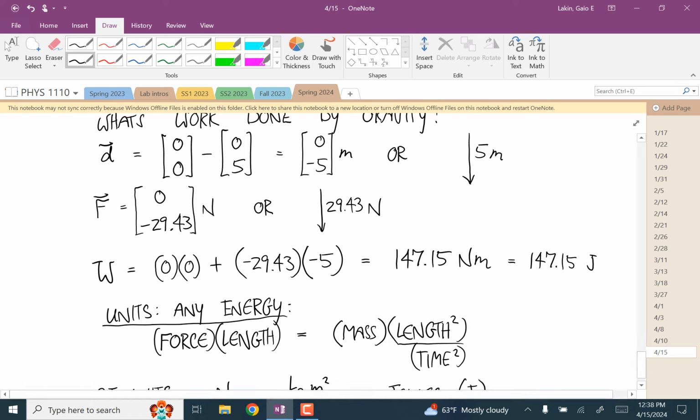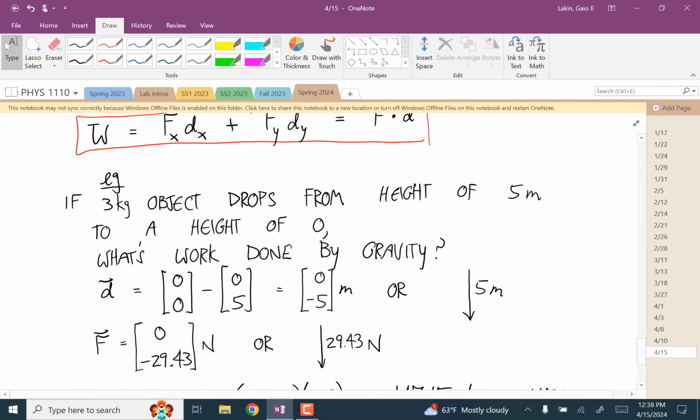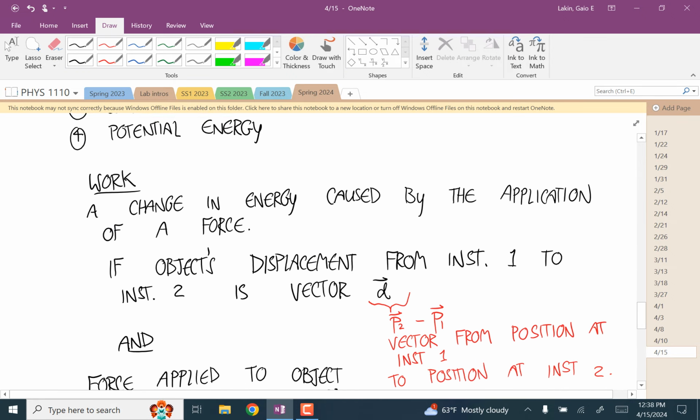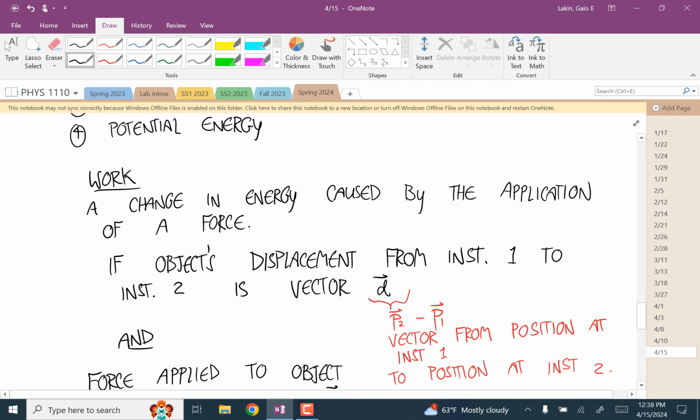And if we have negative work, it means that energy is being removed from the object. Okay? So a positive value of work is an increase in energy caused by the application of a force. A negative value of work means a decrease in energy caused by the application of a force.